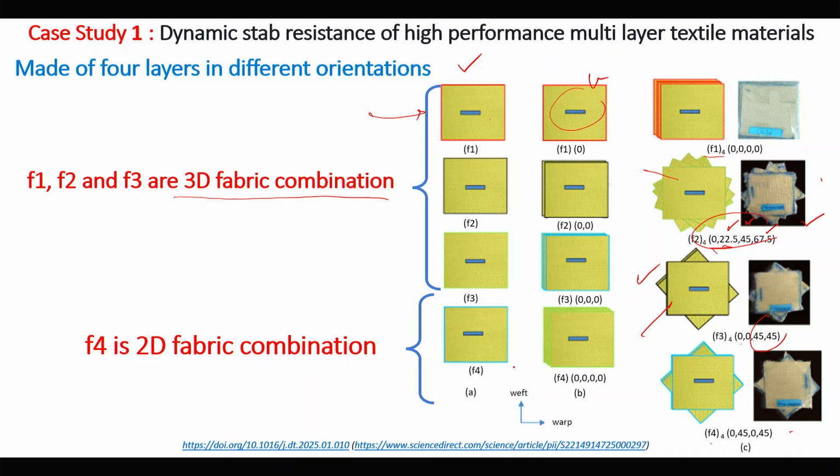One is a single F4, a 4 layer with all layers at 0° orientation, and another is alternate 0 45 0 45, and the first three are 3D fabrics with all the combinations that we have discussed.